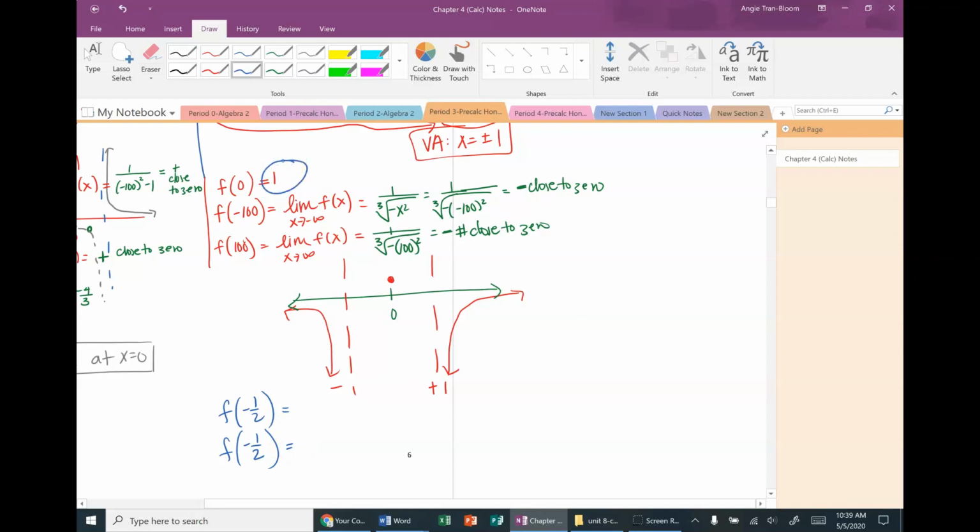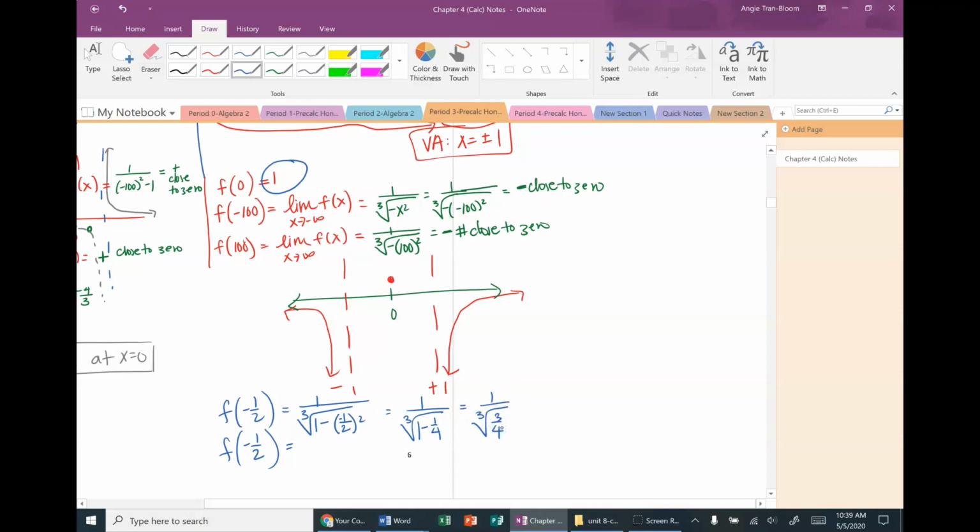And if I know that, then I would definitely know if it's min or max. So it's 1 over cube root of 1 minus negative 1/2 quantity squared, which is 1 over cube root of 1 minus positive 1/4, which is 1 over cube root of 3/4, okay?